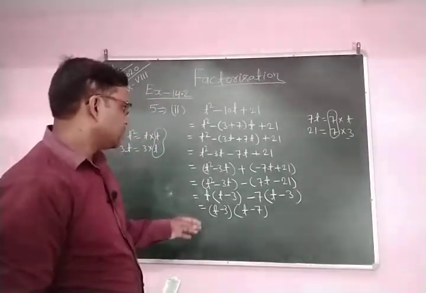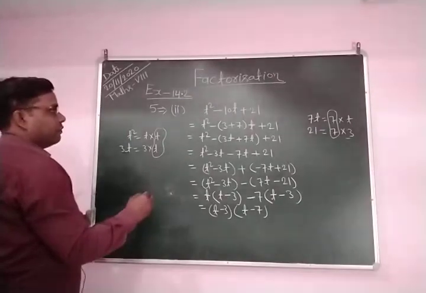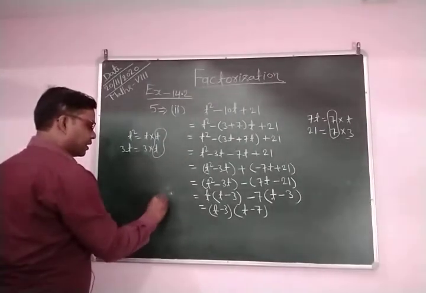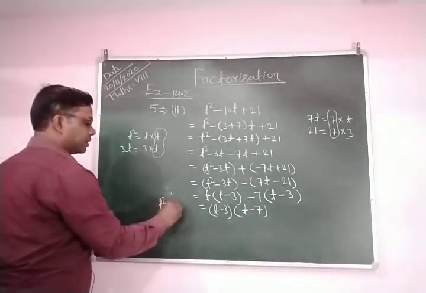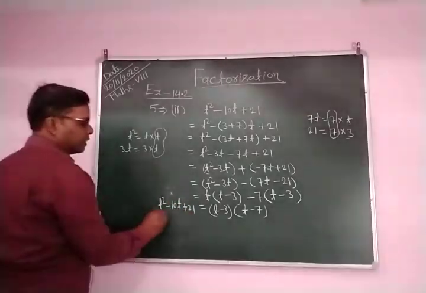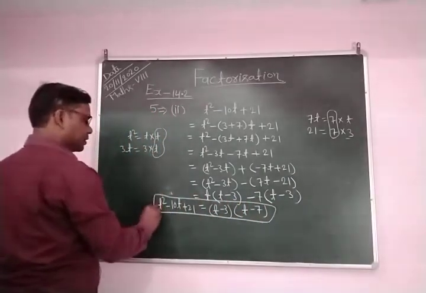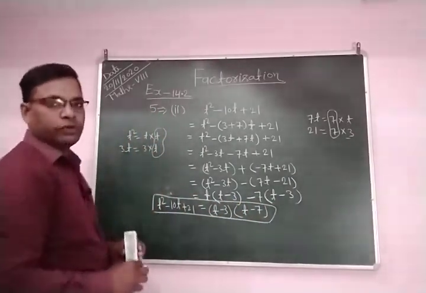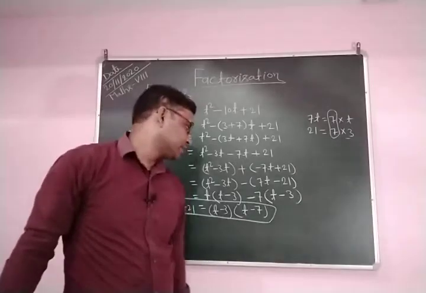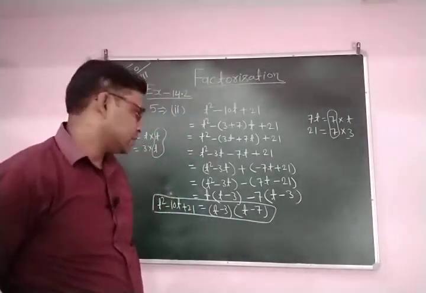So in this way you can see, we find the factors of t square minus 10t plus 21. What are the factors of t square minus 10t plus 21? This is equal to t minus 3 into t minus 7.